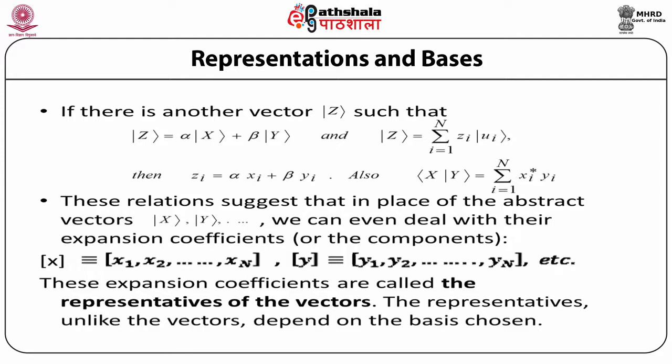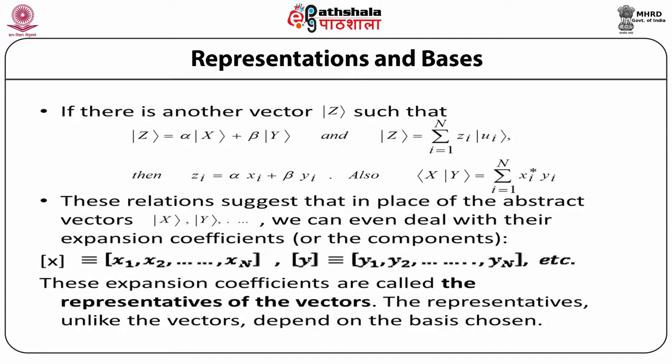Then we can also write the ket vector z in terms of the orthonormal basis ui, and it can be expanded as ket vector z is equal to the summation over i going from 1 to n of zi times ket vector ui, where zi are the coefficients or the eigenvalues corresponding to the ket vectors ui for the ket vector z.